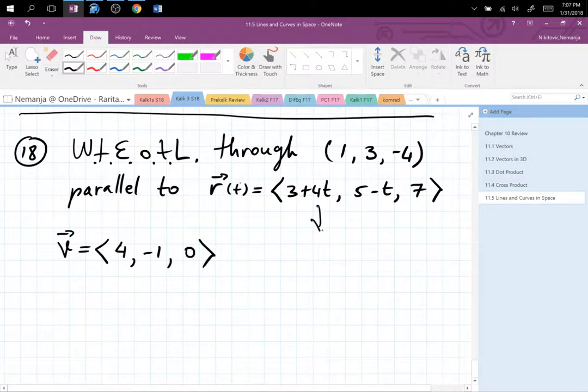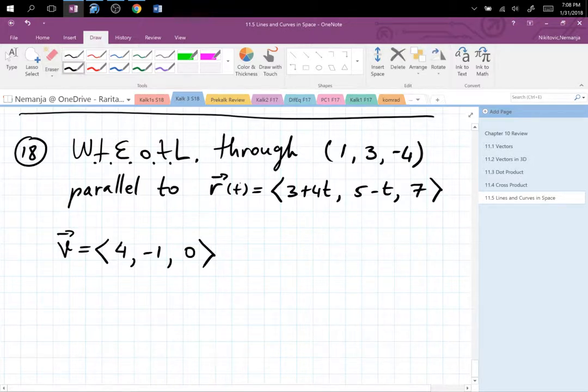We see a 4t, so 4. We see negative 1 times t, so negative 1. And we see no t, so there had to be 0 times t to kill t, so 0. Are we all good on vector v? a, b, c is always in front of t: at, bt, ct. So a is 4, b is negative 1, and c must be 0 because it killed t.